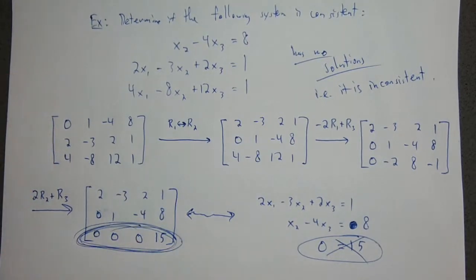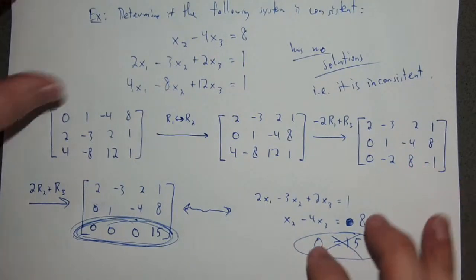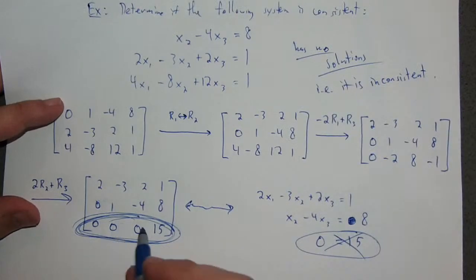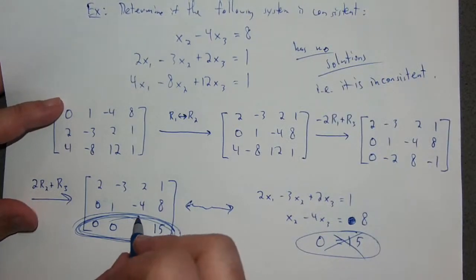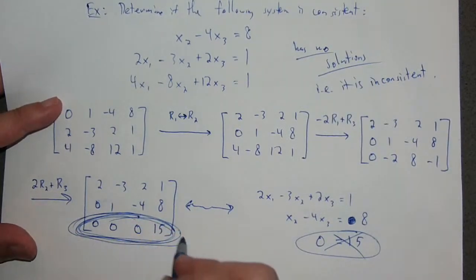Basically, and I'm going to state this as an existence uniqueness theorem later, you're always going to end up with a bad row like this if the system in question is inconsistent. Consistent means it has at least one solution.